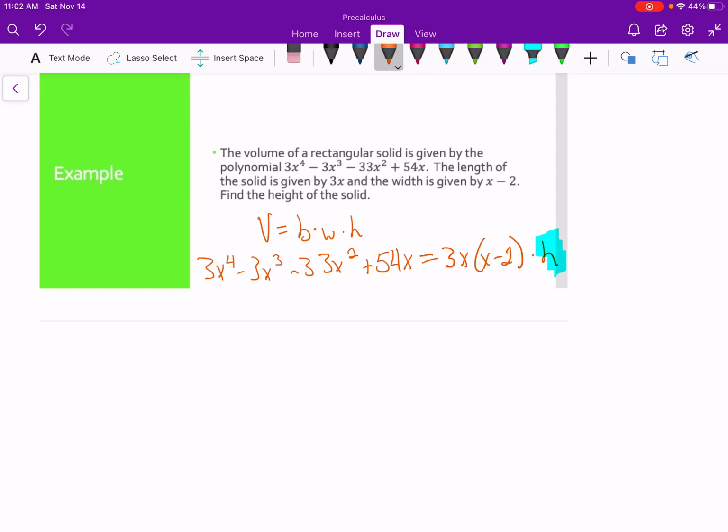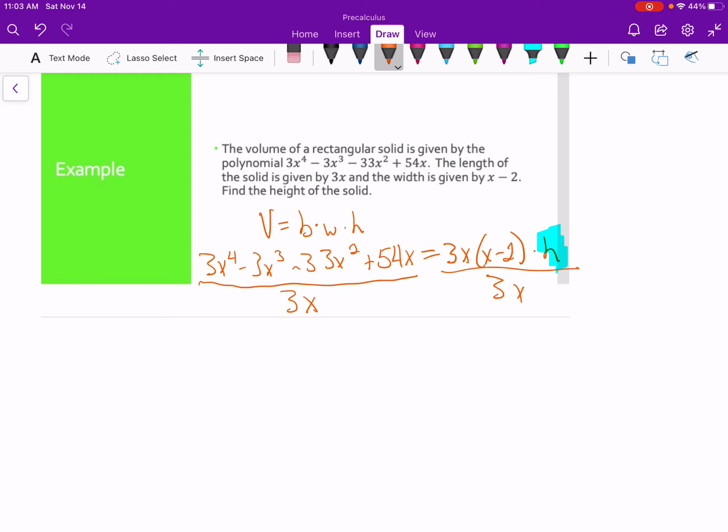So the first thing I'm looking at is I want to get rid of this 3x. So I'm going to divide both sides by 3x, because I notice that every term in the volume has an x to give. So when we divide that, this becomes 3x cubed minus 3x squared minus 33x plus 54. And then I can also divide all those terms by 3, so it works out pretty well.